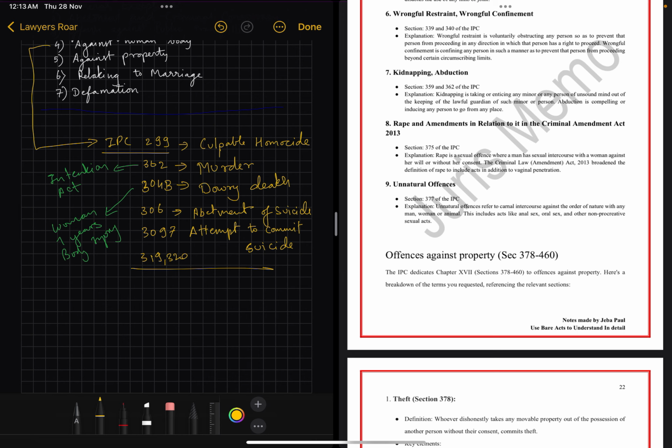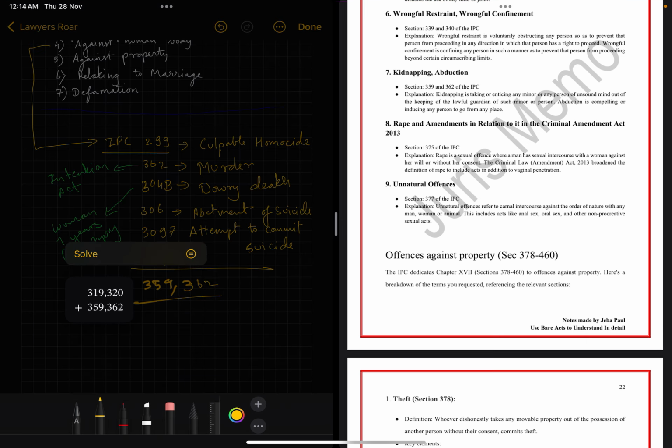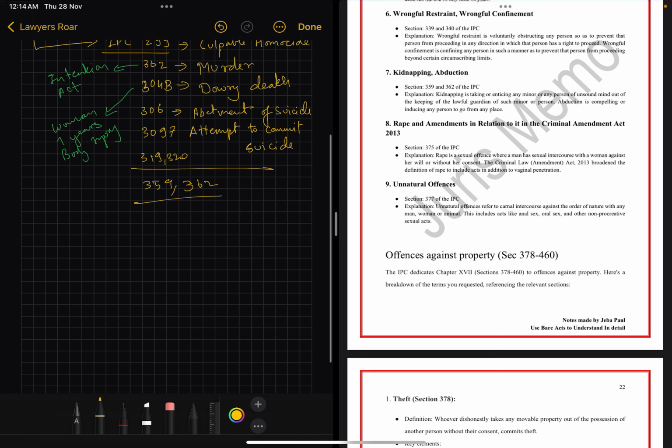Abduction means you are telling them to go, like you should not stay in this place, get away from here, or then you are causing some harm. Those two things are dealt in sections 359 and 362. In 360 and 361 there might be some other, more detailed situations covered. This is kidnapping and abduction.